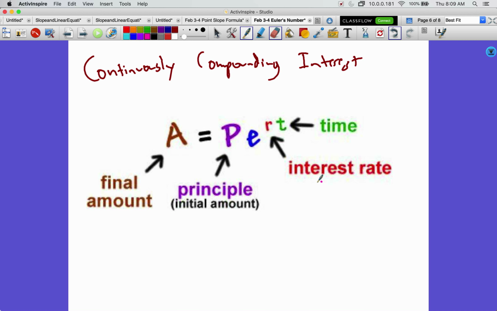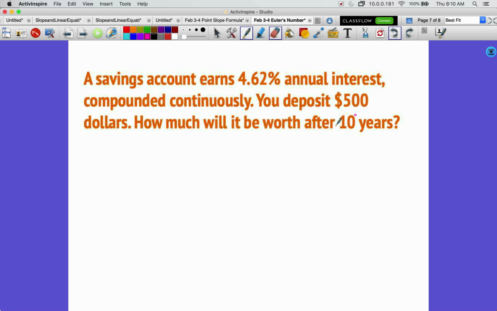Remember, interest rate is always going to be a decimal, so if it's given as a percentage, always move the decimal place 2 spots. Time is always going to be in years when we're talking money. And for e, we can find that on our calculator on the second divide button, or just plug in 2.718 and you'll typically be close enough.